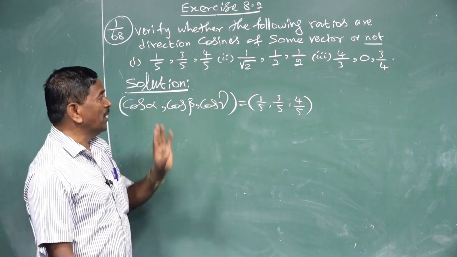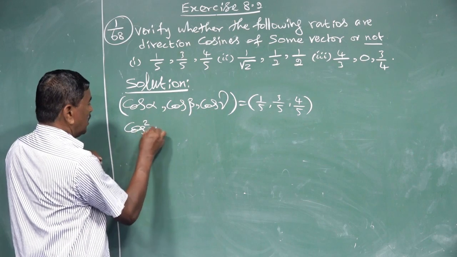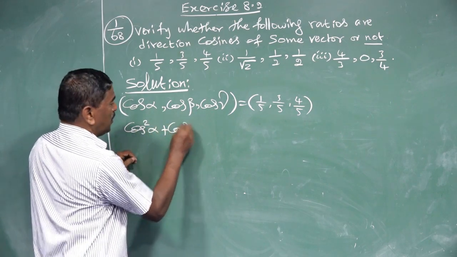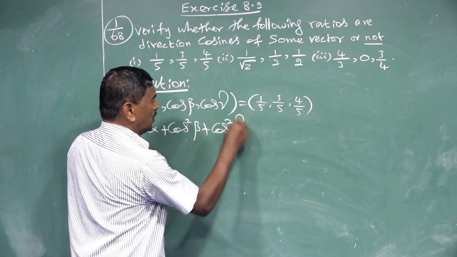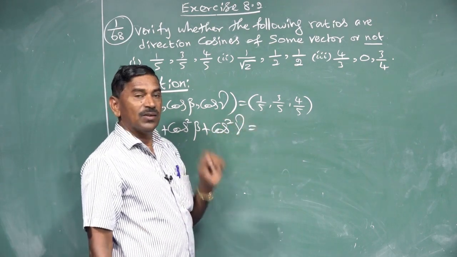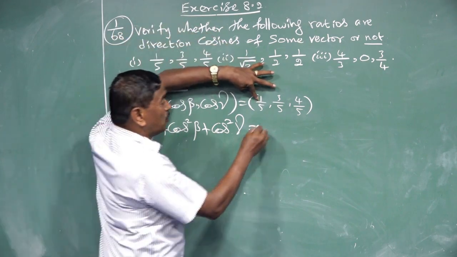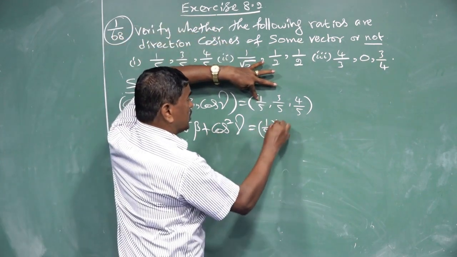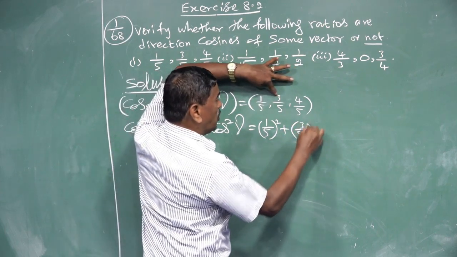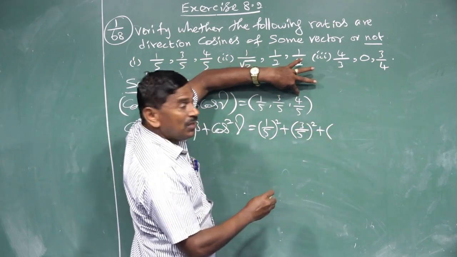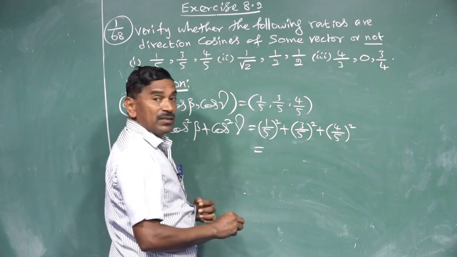That is very easy. It is very simple, 2 more questions. Now cos square alpha plus cos square beta plus cos square gamma is equal to 1 by 5 the whole square plus 3 by 5 the whole square plus 4 by 5 the whole square.